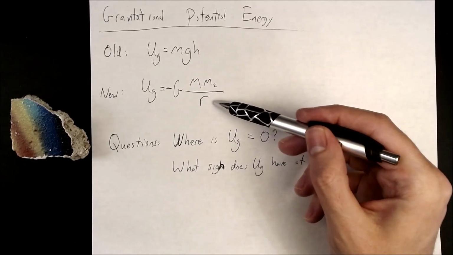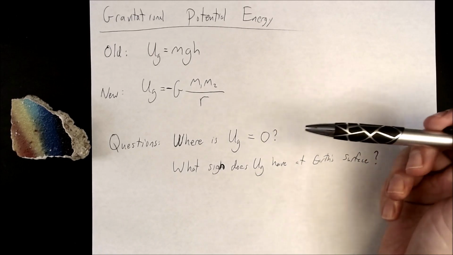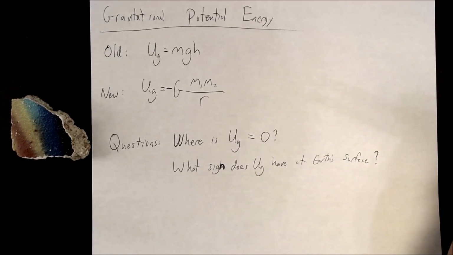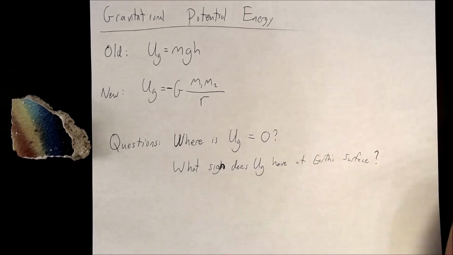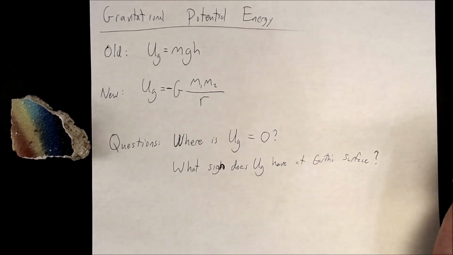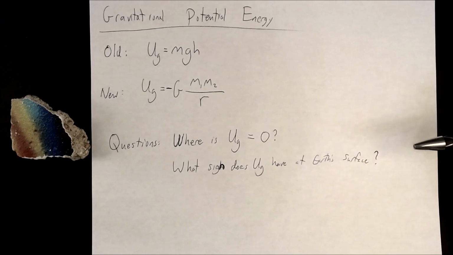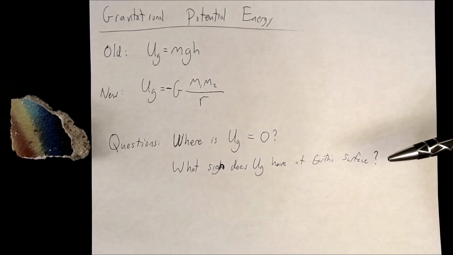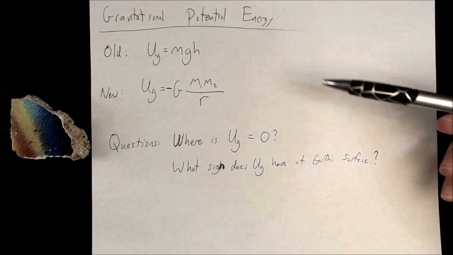So when you get infinitely far away from the Earth or the Sun or whatever it is that you're testing the gravitational potential energy with respect to, then you get 0 gravitational potential energy. What sign does gravitational potential energy have at the Earth's surface?